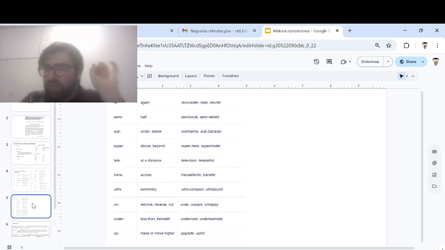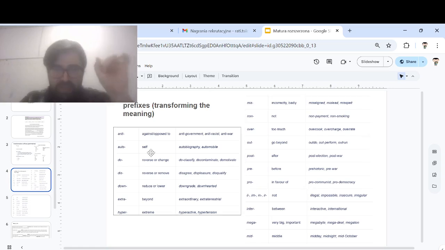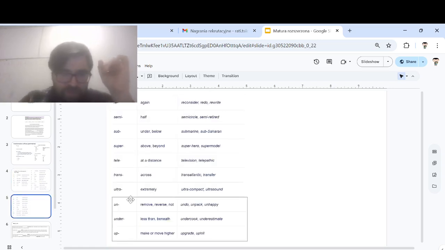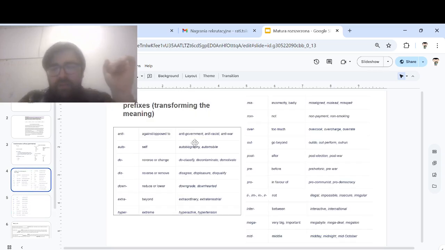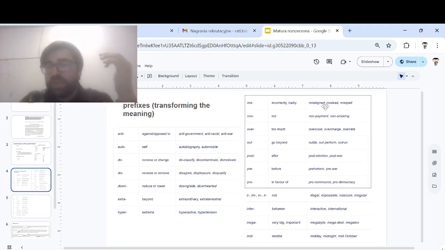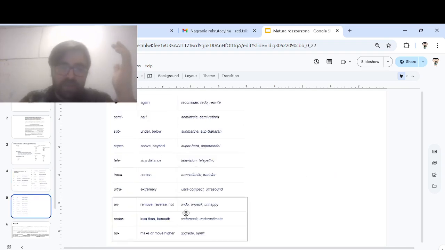So they don't do anything to its grammatical form, but they change meaning. We have here dozens of prefixes. And again, through practicing and memorization, we need to learn, if not all of them, most of them at least, because all of these are quite important.